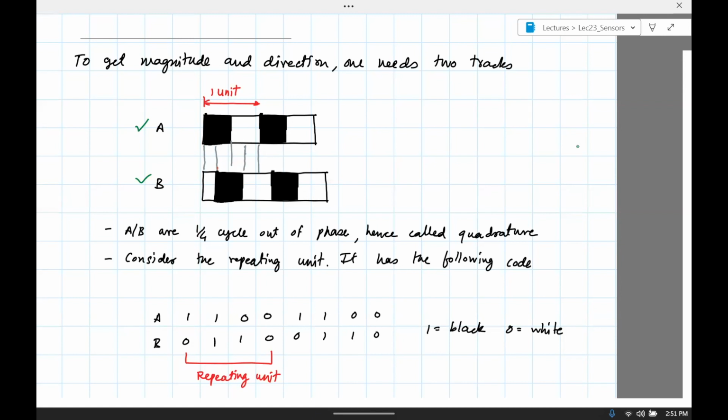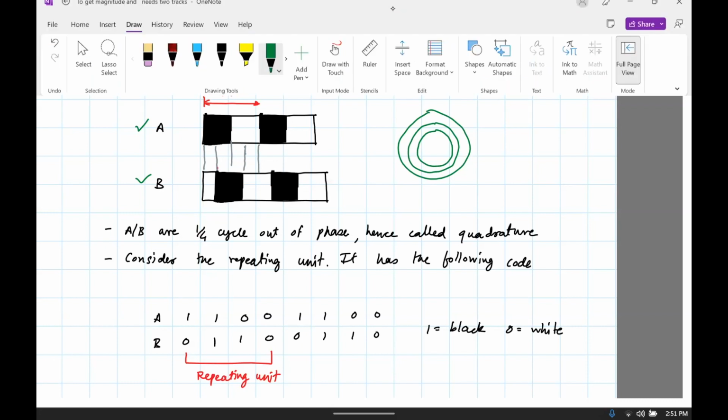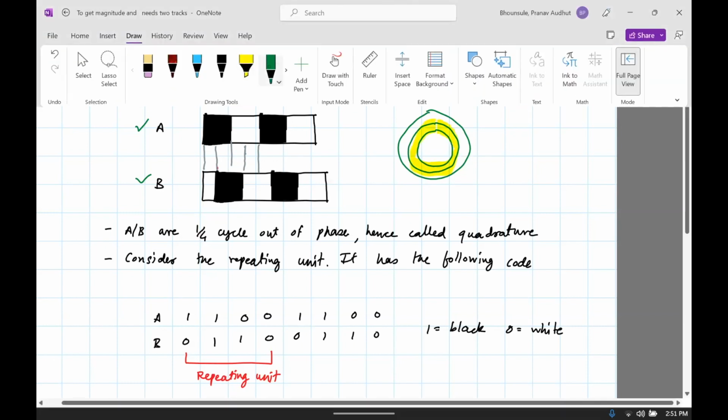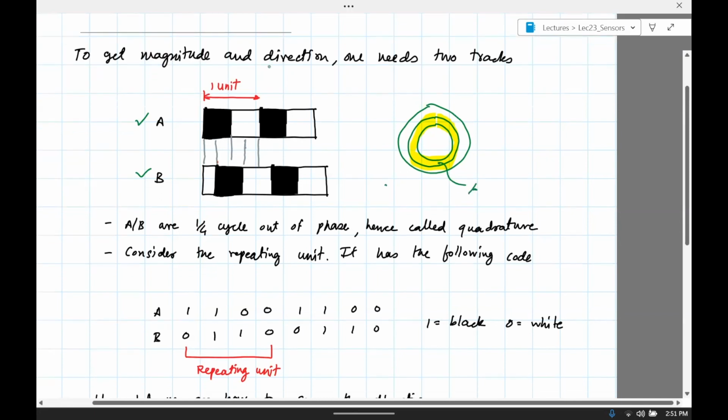Now, remember, these strips are on a disk. Let's say that the inner one is B. This is B, this is A, and they'll have their own black and white, and so on. That's what I'm showing here, but I'm just showing it in a linear fashion.